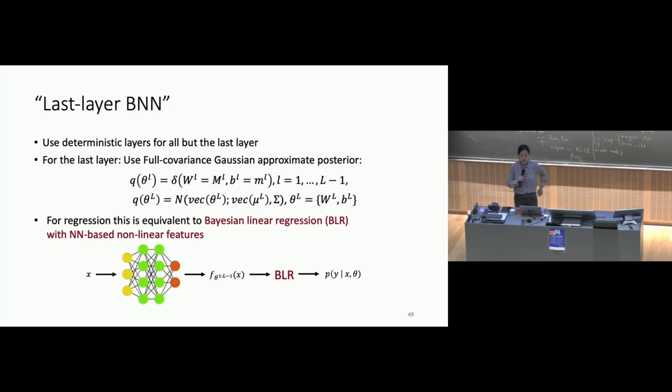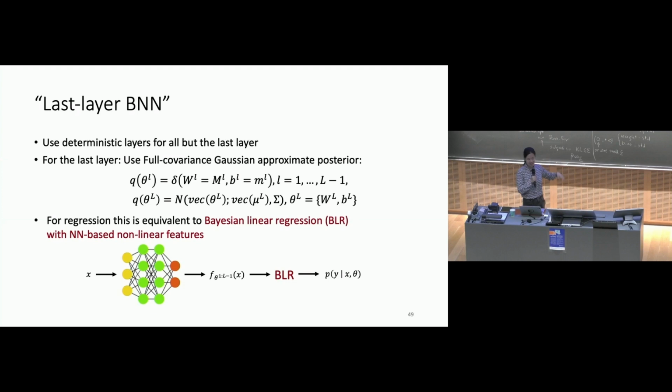All right. So the last layer Bayesian neural network is just as I said: only do full covariance Gaussian approximation in the last layer. Essentially, my approximate posterior for the whole network is going to be two parts. For layers 1 to the second last layer, I'm going to use delta measures, which essentially means it is deterministic.